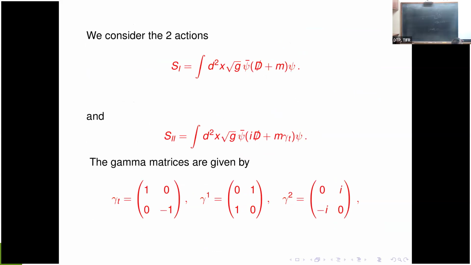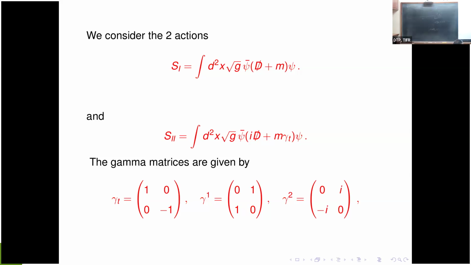Now fermions are a little bit more drastic actually, the discontinuity. Again, we have two actions because of a connection with the supersymmetric theory, but the results are the same for both actions. One is just a massive fermion, and one is a mass structure with the gamma t. In 2 dimensions, we have two gamma matrices, gamma 1 and gamma 2.